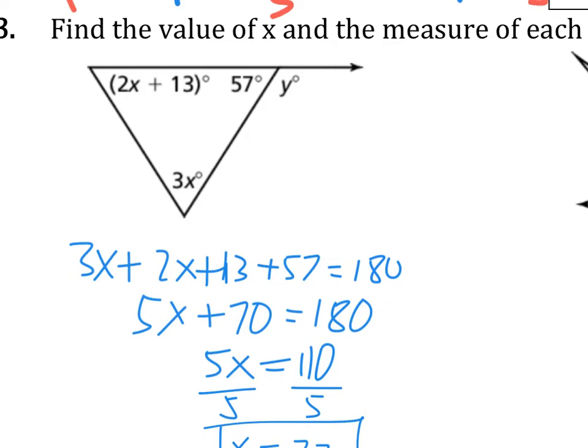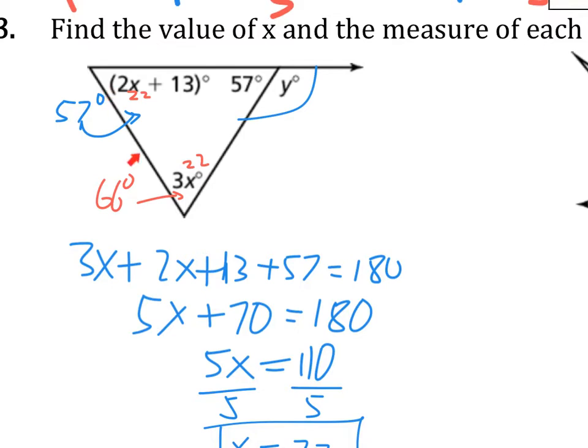Now we're going to need to know those angles here. So let's plug in that 22 here. So if x is 22, that makes this angle 66 degrees. And 2 times 22 is 44, plus 13 gives us 57 degrees. Now this is an exterior angle here.